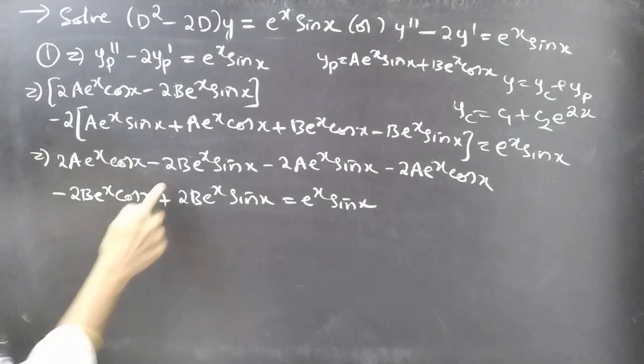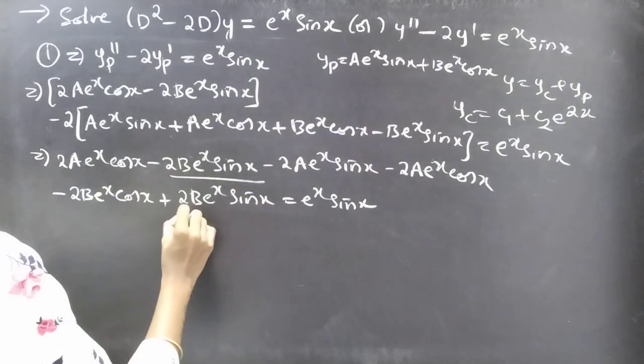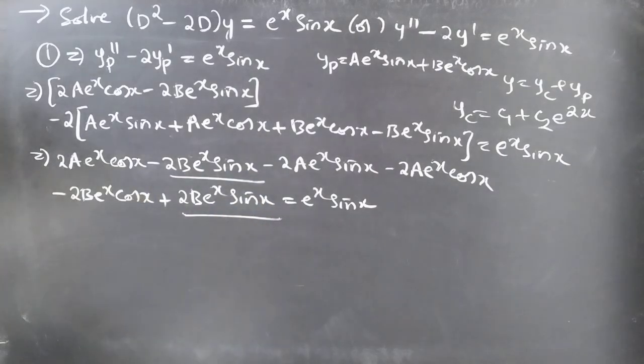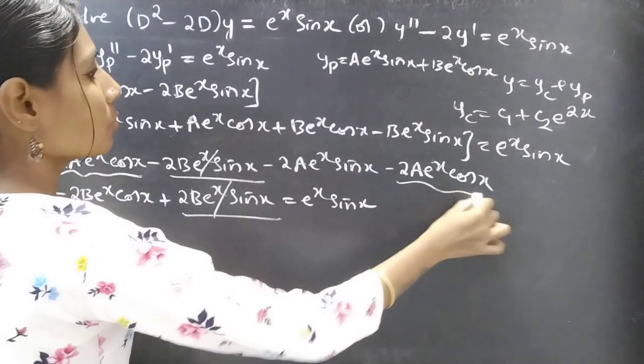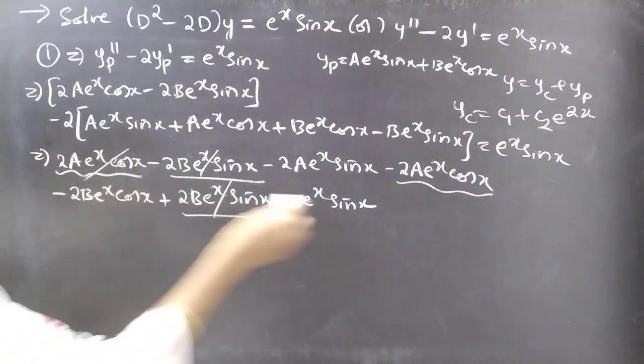So here minus 2b e power x sin x plus 2b e power x sin x gets cancelled, and 2a e power x cos x minus 2a e power x cos x gets cancelled.